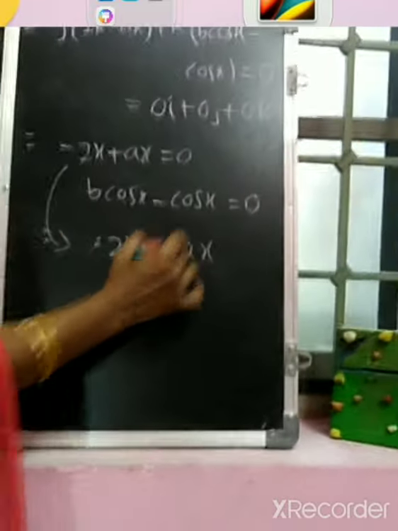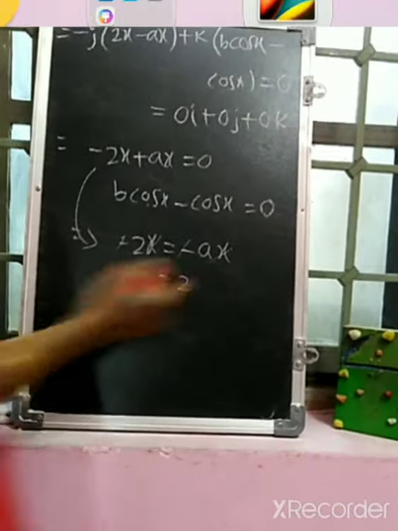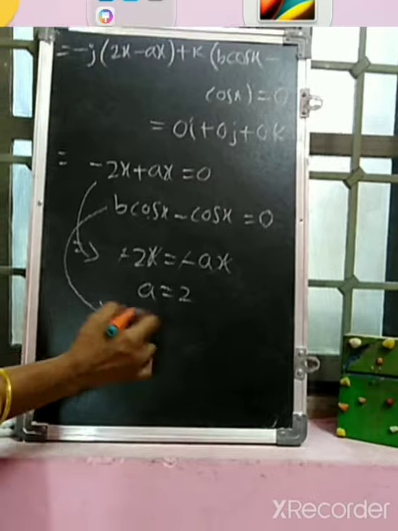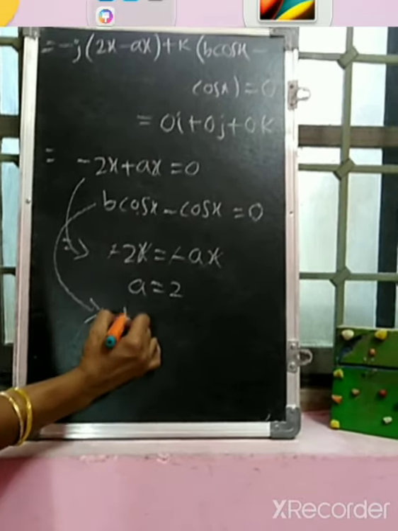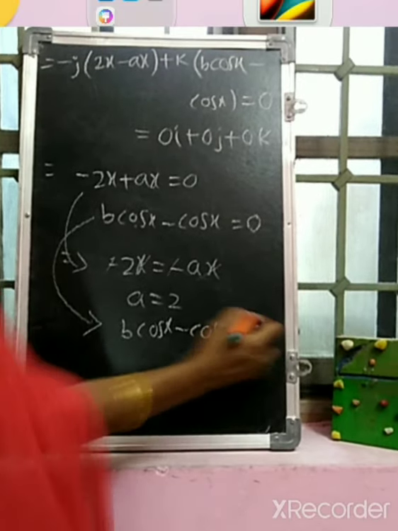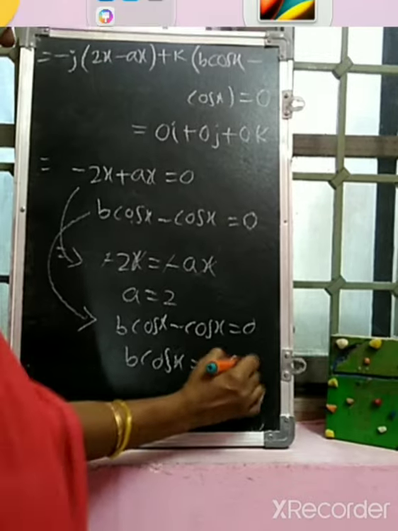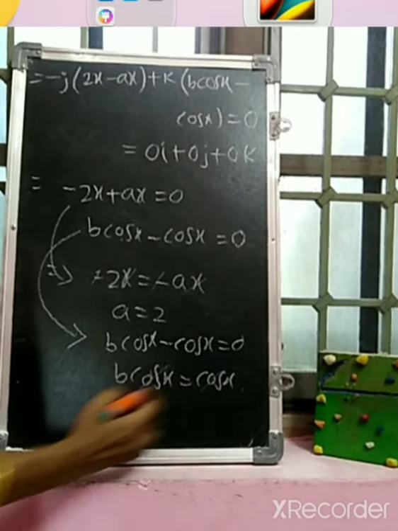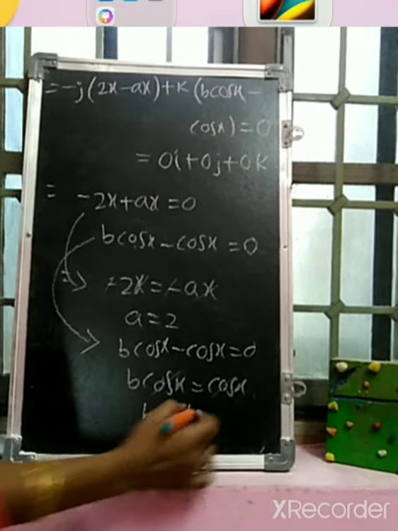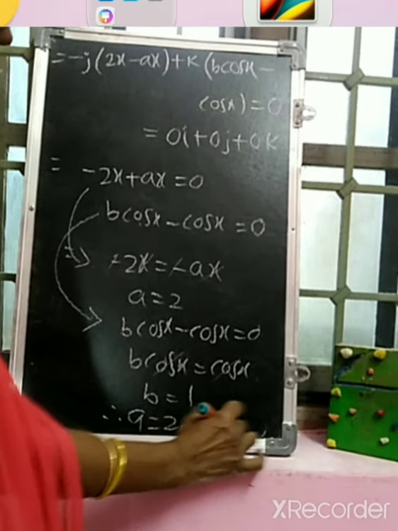The minus signs and x cancel, therefore a is equal to 1. Then b cos x is equal to cos x; cos x cancels on both sides, so b is equal to 1. Therefore a is equal to 1 and b is equal to 1.